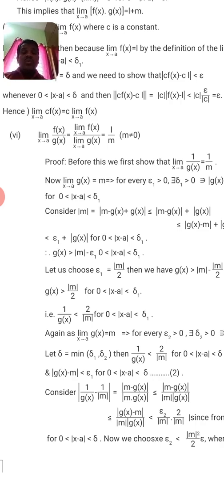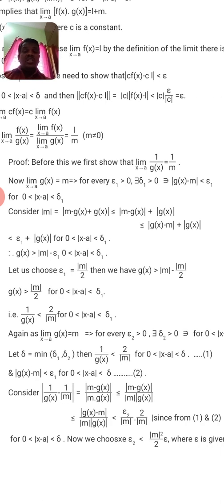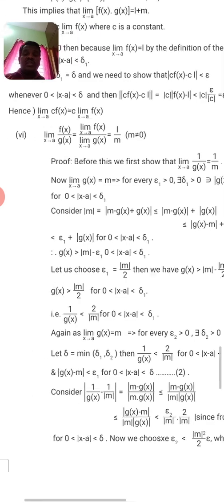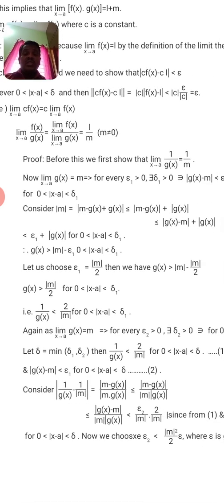Now consider modulus M is equal to modulus M minus g of x plus g of x, which is less than or equal to modulus M minus g of x plus modulus g of x, and further which is less than or equal to modulus g of x minus M plus modulus g of x, which is less than epsilon 1 plus modulus g of x, for 0 less than modulus x minus a less than delta 1.